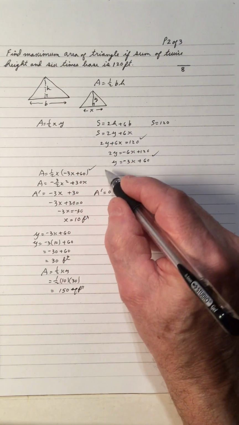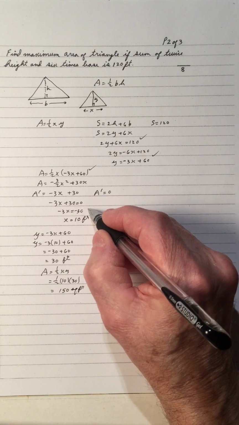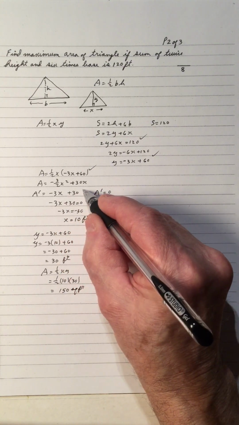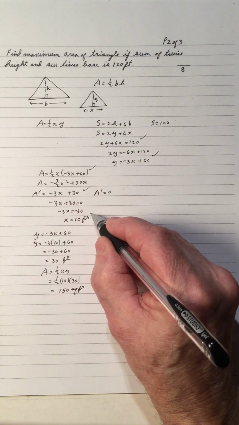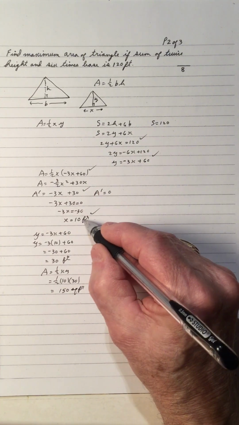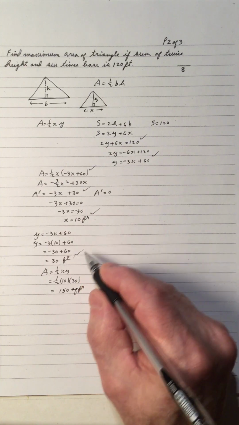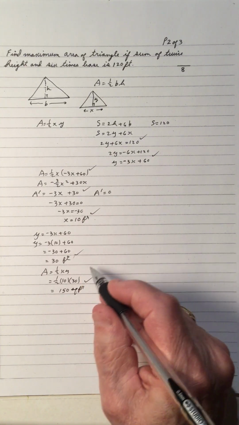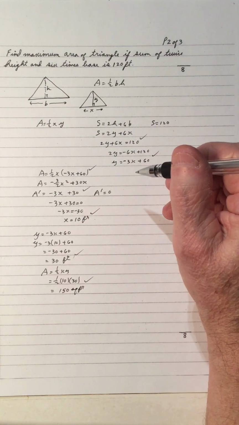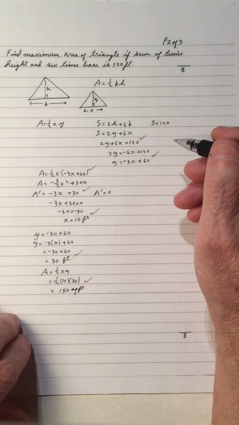If you subbed it in here, you did your derivative and worked out A prime, you get a mark. If you let your derivative equal 0 and got your 10, you worked out your y and then you got your area. So it's 8 marks: 1, 2, 3, 4, 5, 6, 7, and there's one more wherever you want to give it. There's 8 altogether.